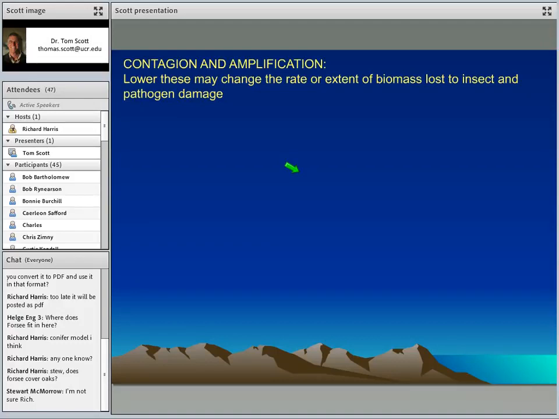One of the things we worry about with all of these problems, with sudden oak death, with gold-spotted oak borer, with polyphagous borer, with almost every problem, is that it's not just that the problem is spreading through the environment. It hits places where it seems much easier to pass from tree to tree, and much easier for individual trees within a woodland to amplify the problem.